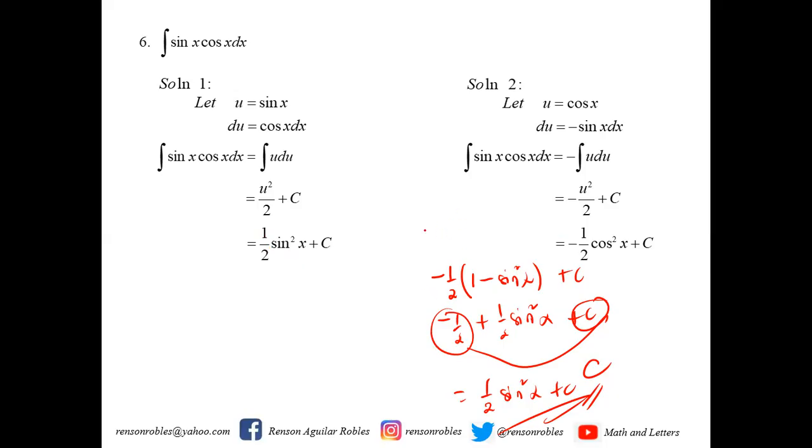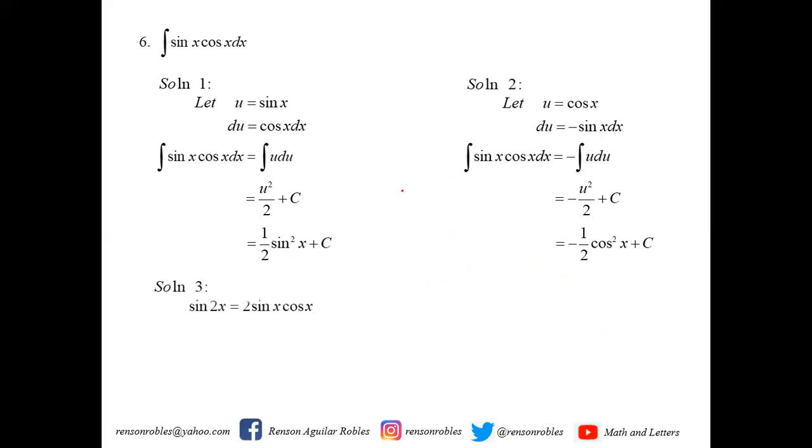Then for the next method, I'll be using the double angle identity. You know that sine 2x is equal to 2 sine x cosine x, and this is only sine x cosine x, so we just multiply it by 1/2. So 1/2 sine 2x is positive sine x cosine x.